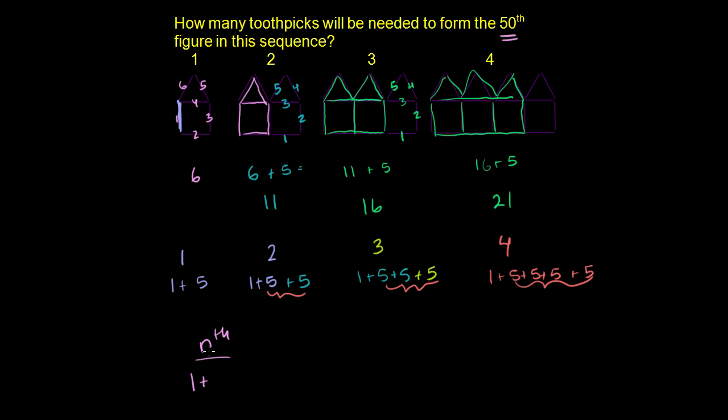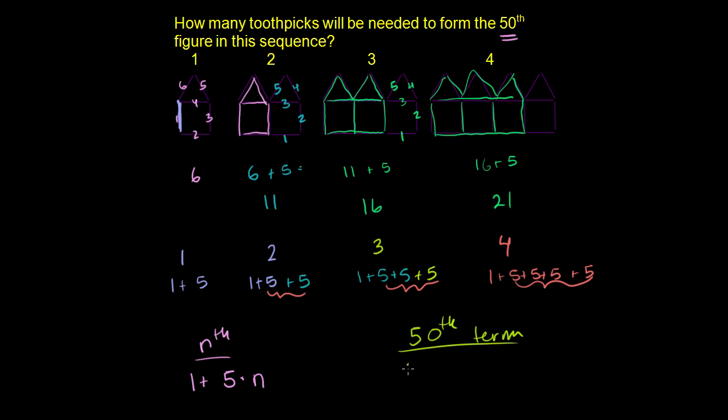Or if I'm abstracting a little bit, I'm going to have 1 plus 5 times n, right? And try it out. If n is equal to 1, it's going to be 5 times 1. If n is equal to 2, it's going to be 5 times 2. If n is equal to 3, it's going to be 5 times 3. So if we're talking about the 50th term, how many toothpicks are we going to have?